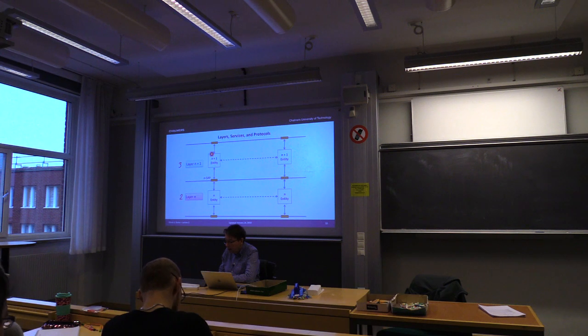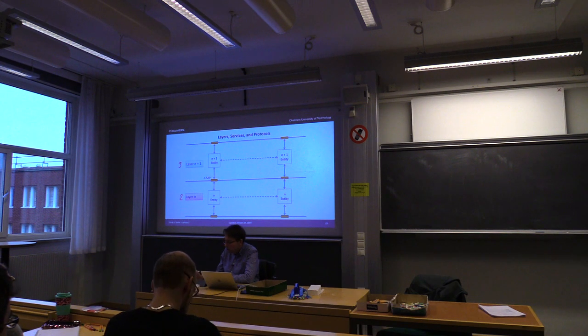The processes at the same node interact over this service access point. This is how data goes up and down the protocol stack. Here is the logical flow of information between protocol entities at the same layer, but at different nodes.